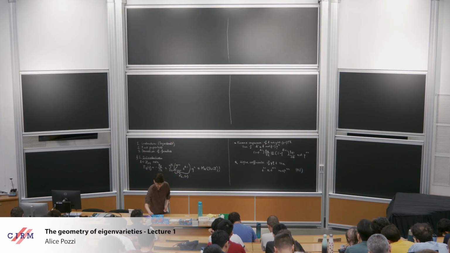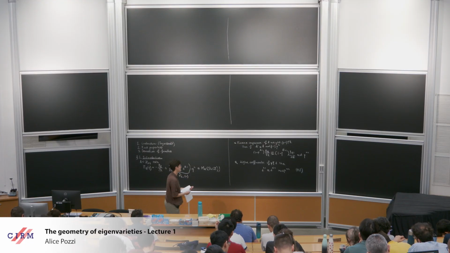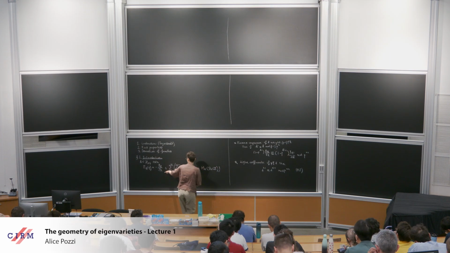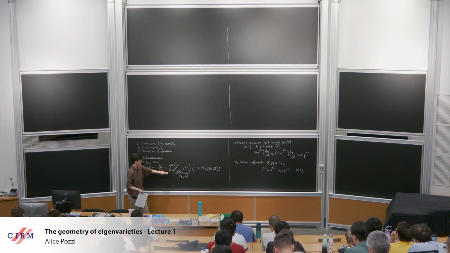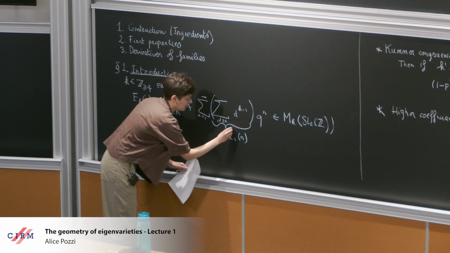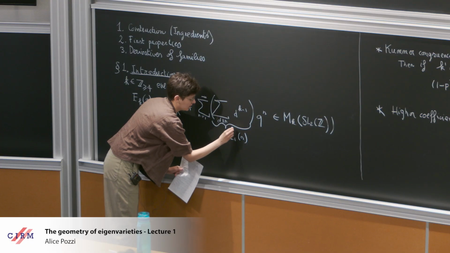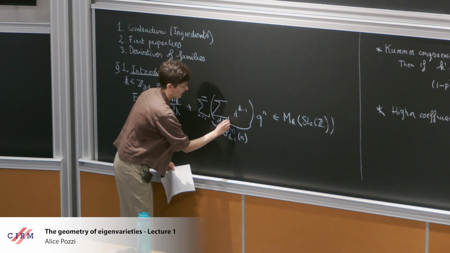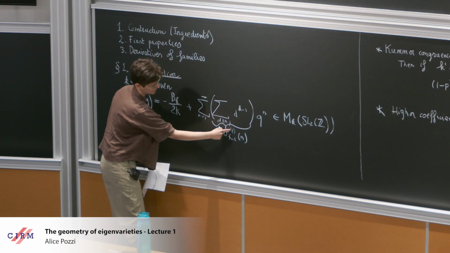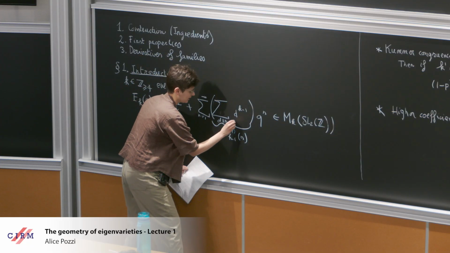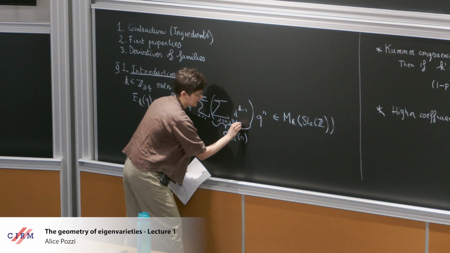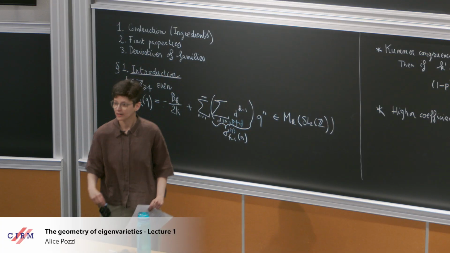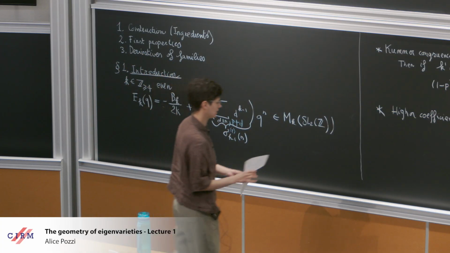This suggests that maybe what we had originally written doesn't quite interpolate p-adically, but if I change this a little bit by adding the condition, which I'm denoting with a p here, that p does not divide d, then we are in a much better shape for p-adic interpolation.